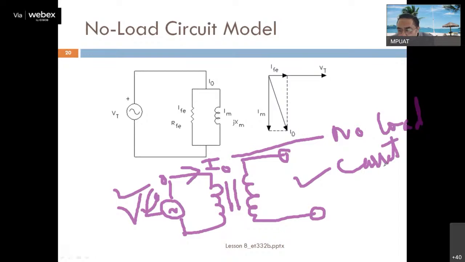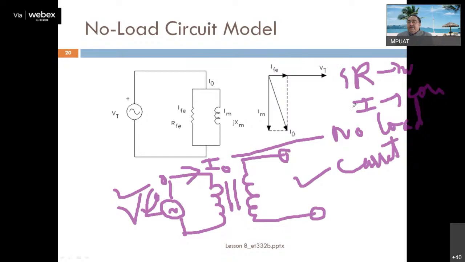Because I have already told you that the core does not have infinite permeability, it has a finite permeability, and thus the reluctance due to this finite permeability gives it an inductance. The resistance is provided by the windings, and the inductance is provided by the so-called core.